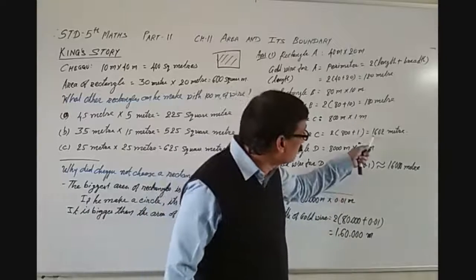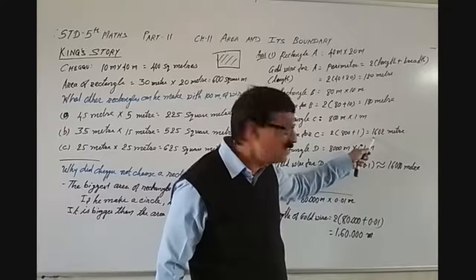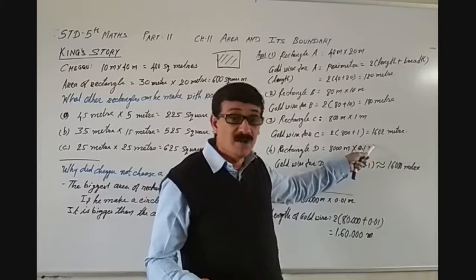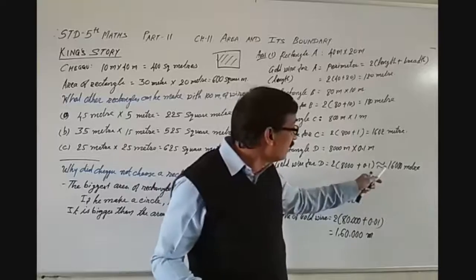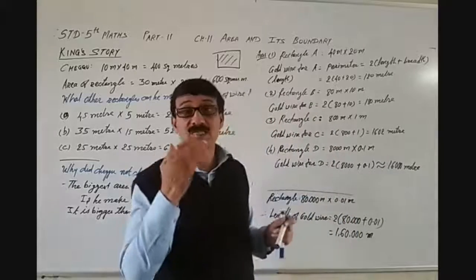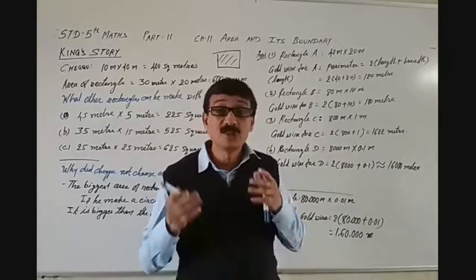See, you can see it is 1,602. It is 1,000 meters only. 1,602 means 1 kilometer and 602 meters. But it is 16,000 meters. 16,000 meters means 16 kilometers of long wire, and that is too much.